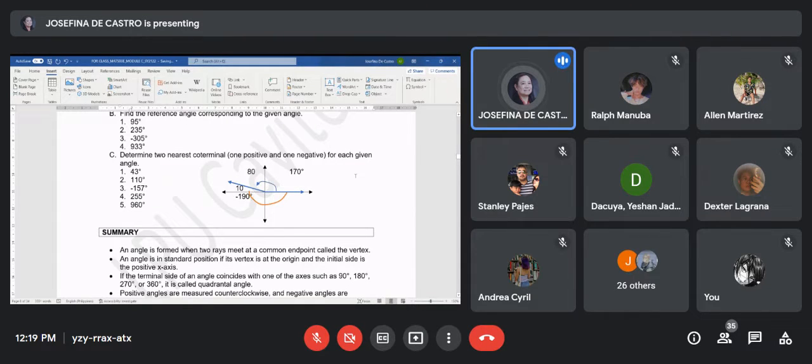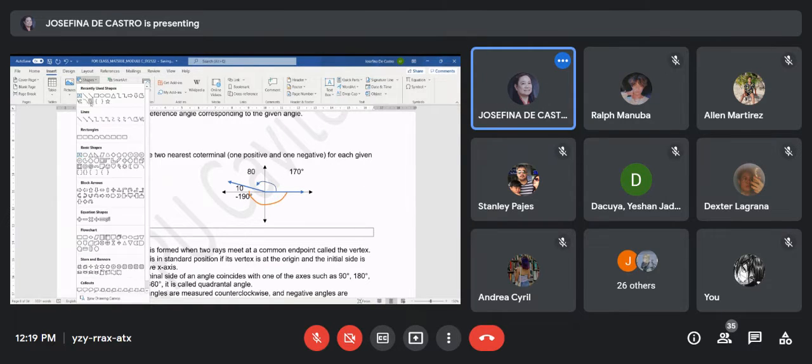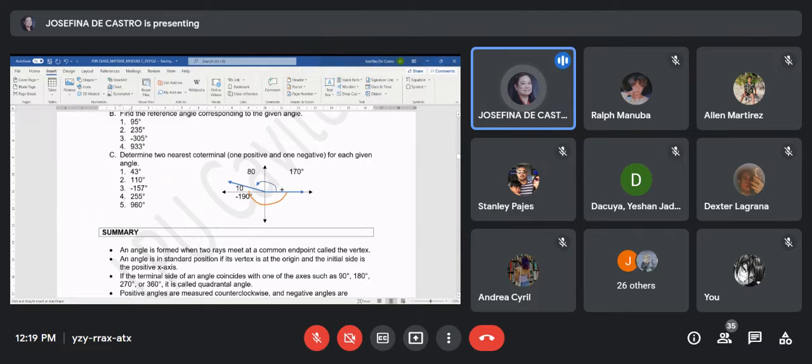So 360 plus 170. 530. Nakukuha po ba? So, ang nearest positive mo naman ay 530. Isang ikot plus 170.